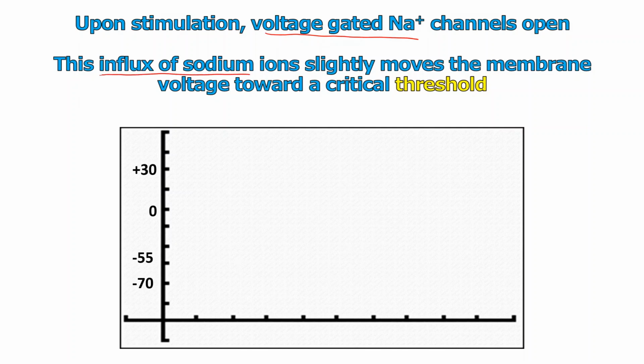And what happens, as I said, we're going to have to get this to become less negative, right? So what we're doing is we're trying to move that voltage towards a certain number, and it's called a threshold. For a lot of the neurons published in the books, threshold is somewhere about negative 55-ish.